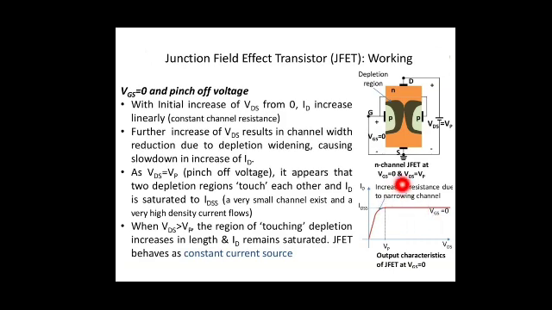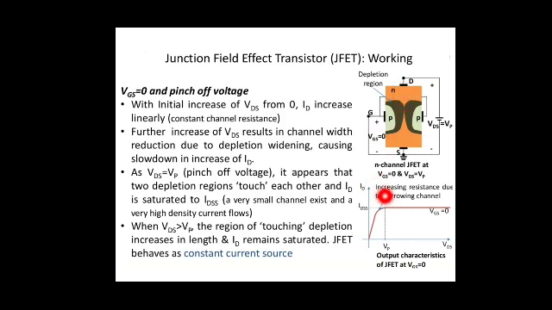Now when the channel width is zero, you would expect zero current. But why do you have a constant current instead? Whenever the charge carriers come to this place, the electric field present within this depletion region has sufficient energy to move the electrons towards the drain terminal.